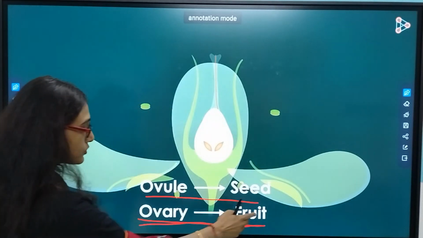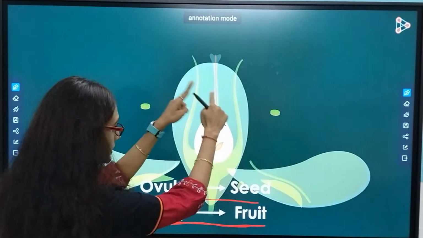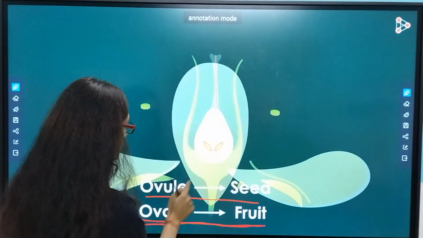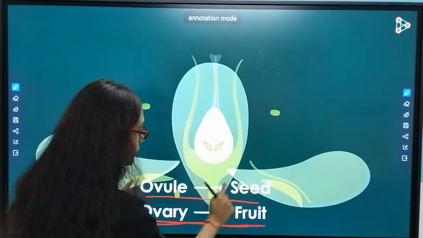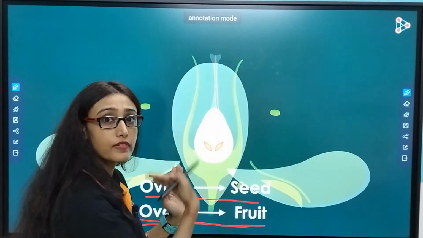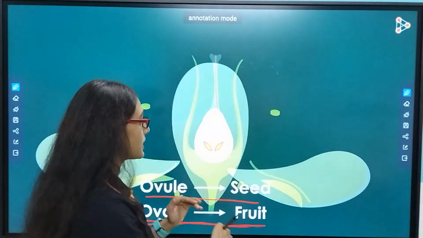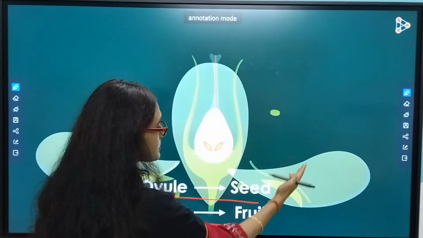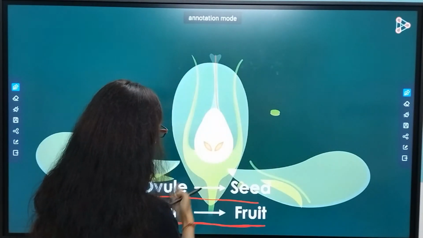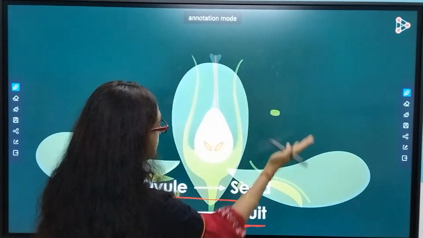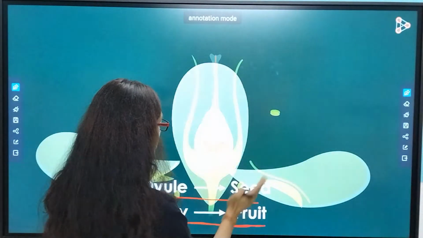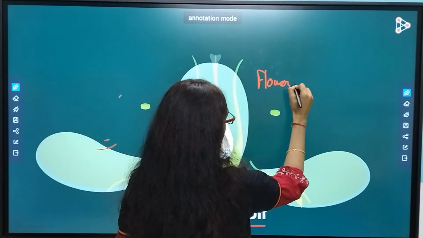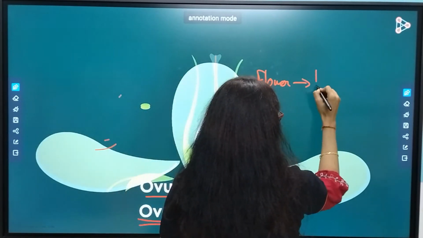Okay, so fruit is the outer part, ovary, and within it, when the cell is being fused with the egg, it forms ovule or seed. So seeds are always inside the fruit, not outside. And with time, obviously you watch that all the leaves or all the petals or carpels or stamens, everything dries out, and from the flower it forms fruit.